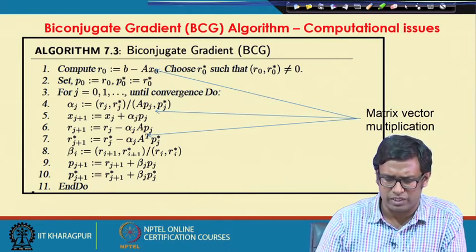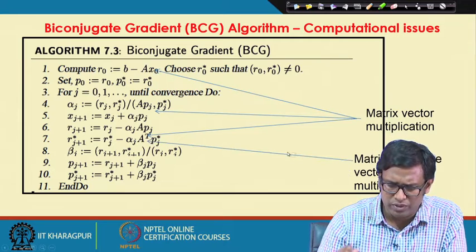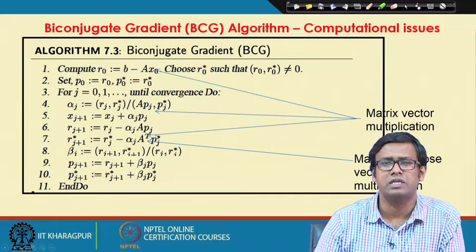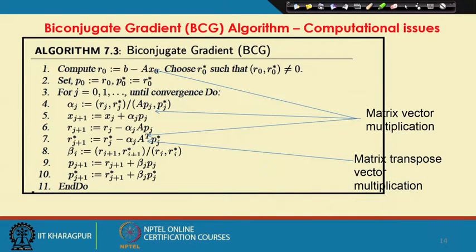However, there are a few other issues. One important issue is the A transpose p multiplication, which we will discuss later. This is not a simple matrix vector multiplication, but rather a matrix transpose vector multiplication.